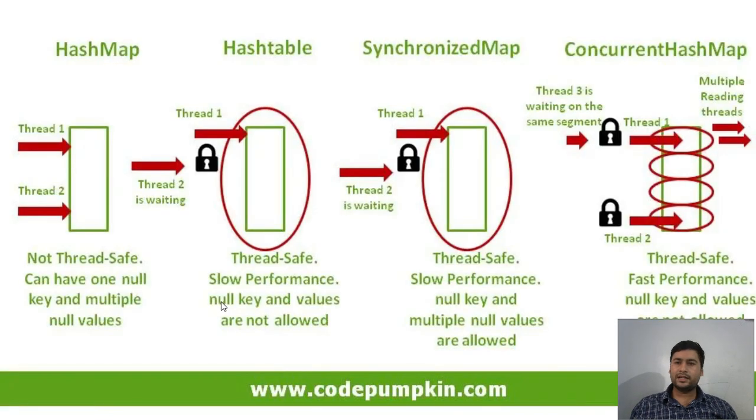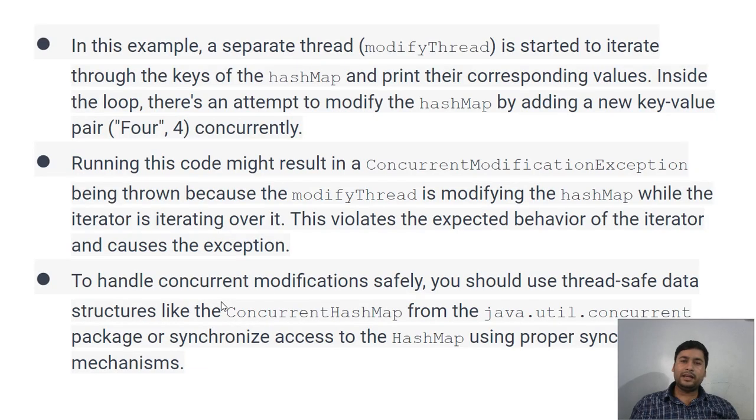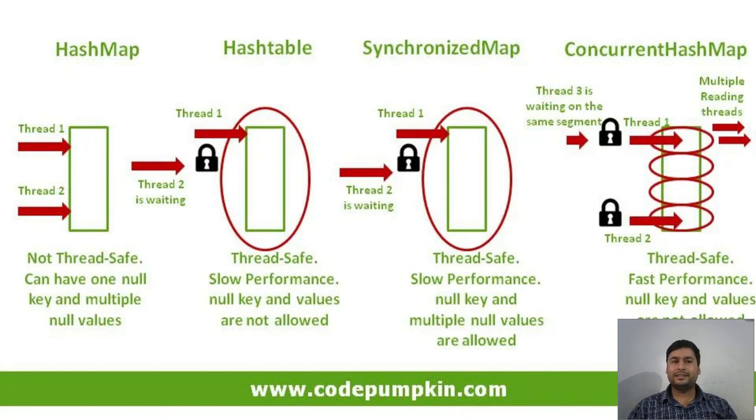Let's go to the next slide, and here we are going to understand what the HashMap is, and how to overcome the HashMap problem with Hashtable. So basically, if I talk about a HashMap, this is the HashMap, and the HashMap has two threads executing on it.